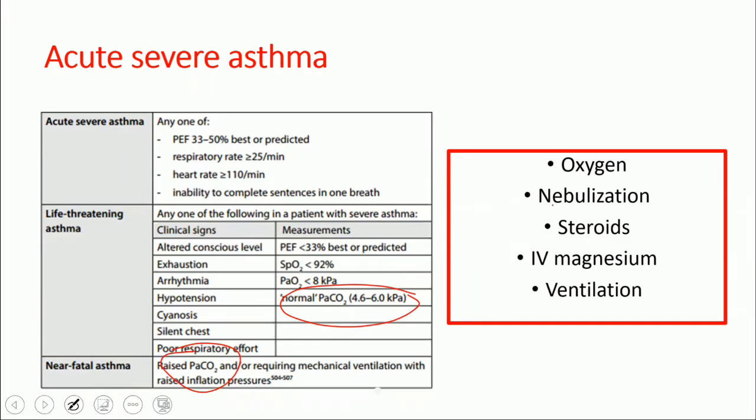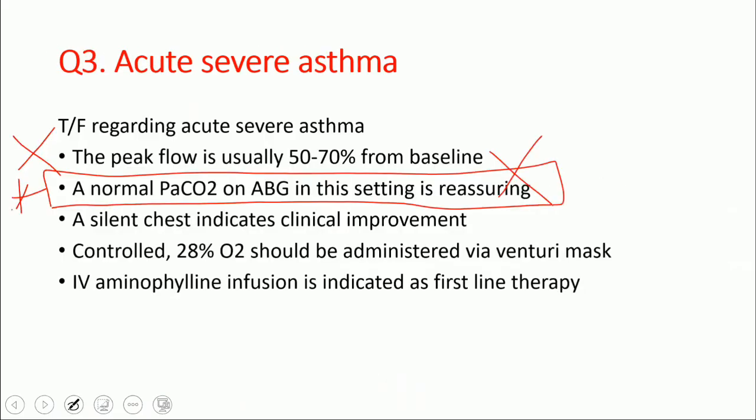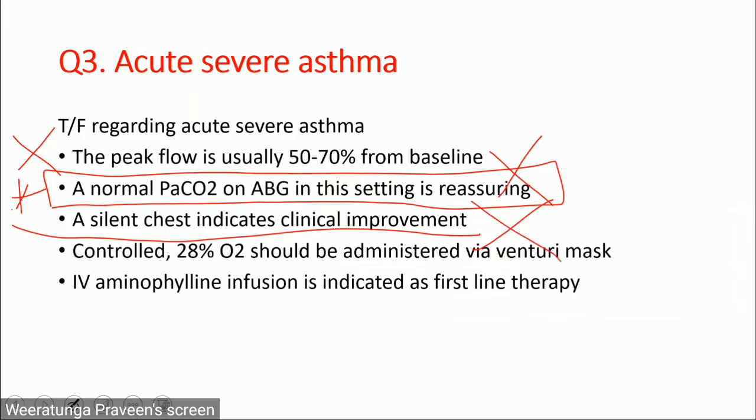But remember that CO2 business is a point that is frequently asked in MCQs, so you need to remember that. Saying silent chest indicates clinical improvement is absolutely rubbish. That is wrong. That is life-threatening asthma.